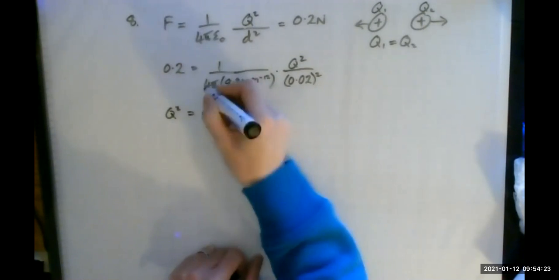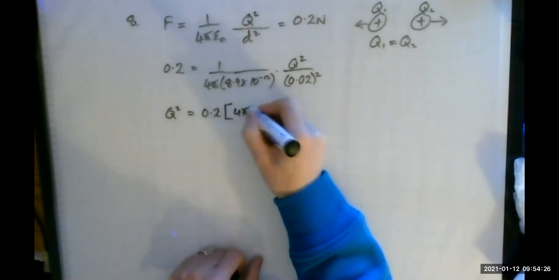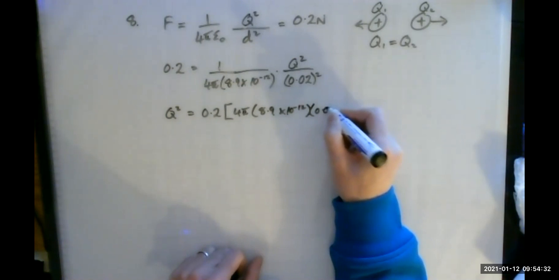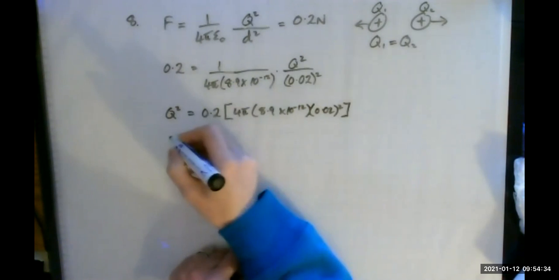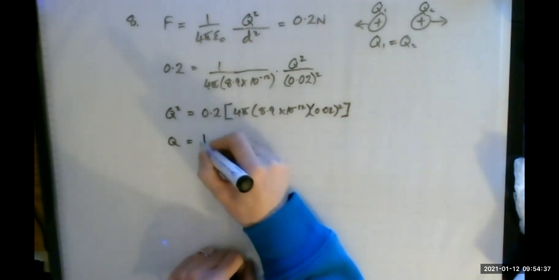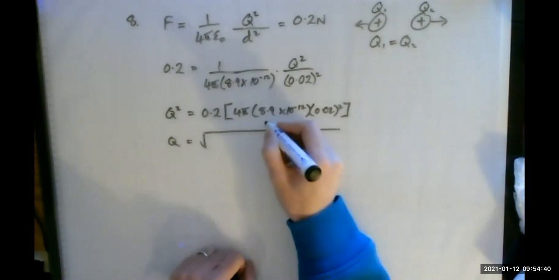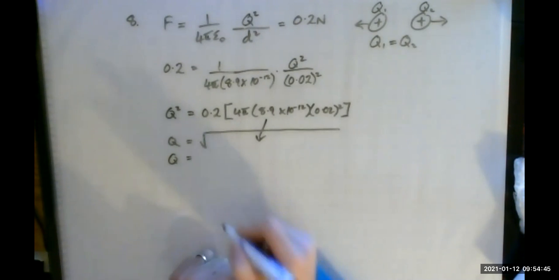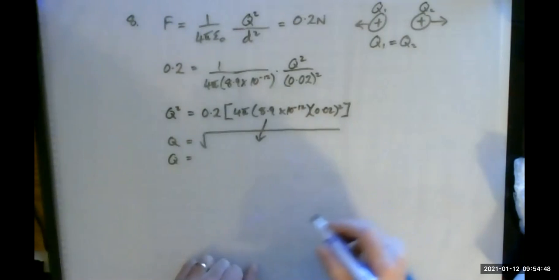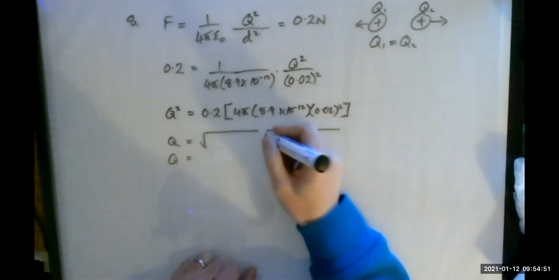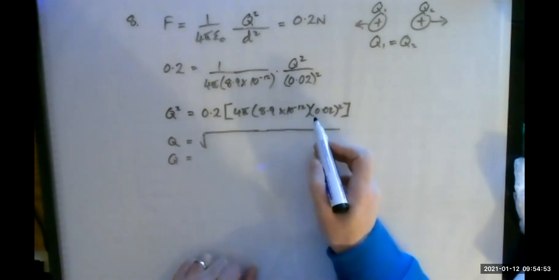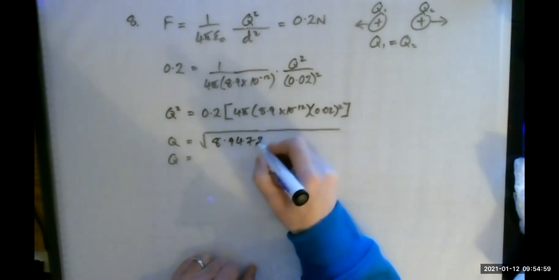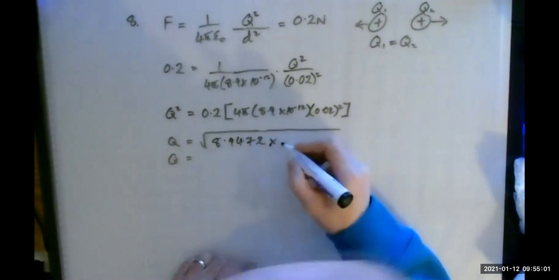Now q squared equals 0.2 times 4 pi times the permittivity times 0.02 squared. Then we take the square root, because it is q squared. On the calculator we get 8.9472 by 10 to the power of minus 15.